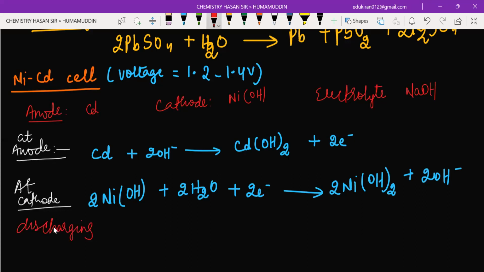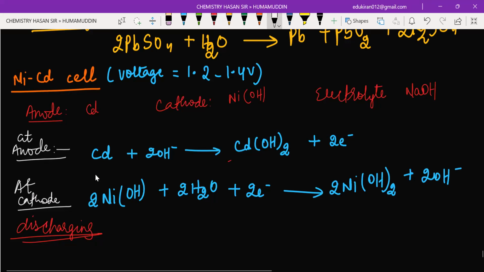Can you write the reaction for discharging? Okay, please do write it. It's the same method, right? In one line, cancel out the common ones.